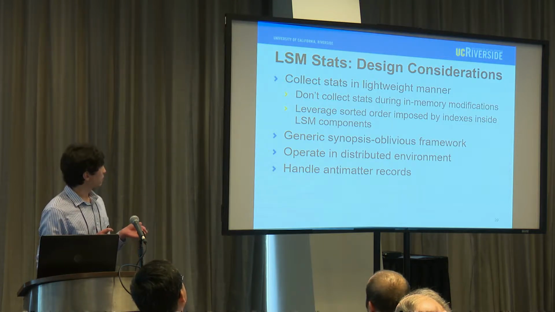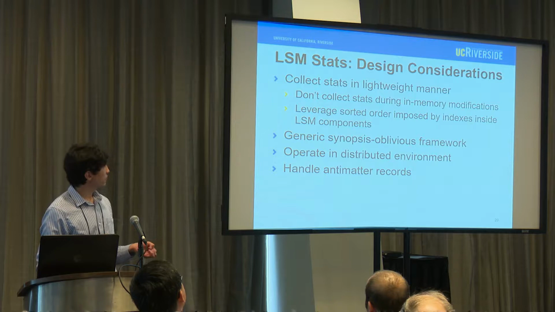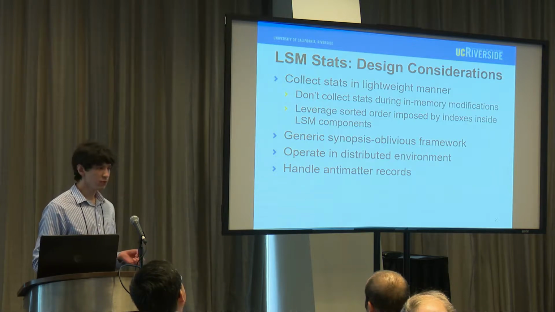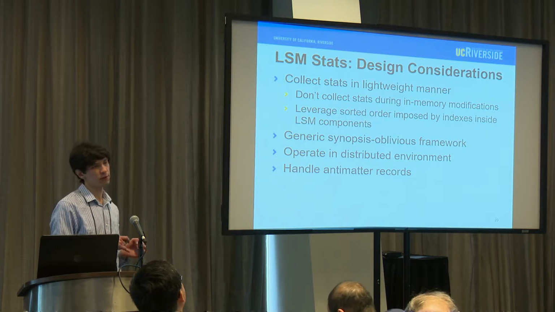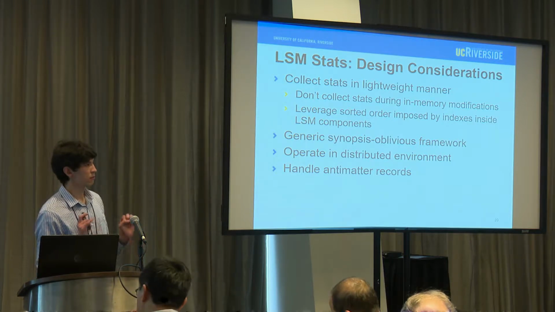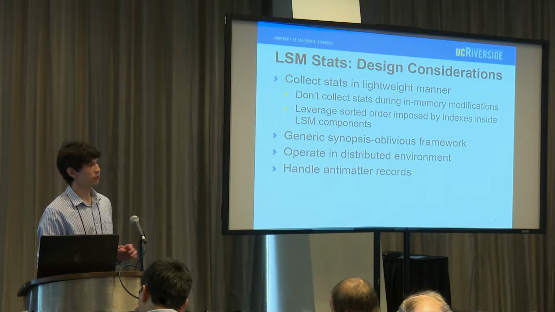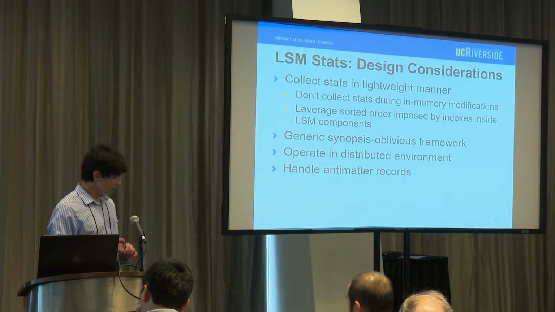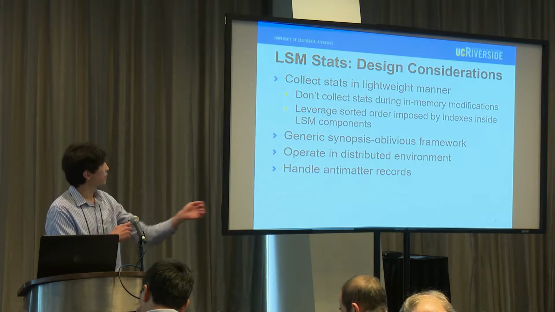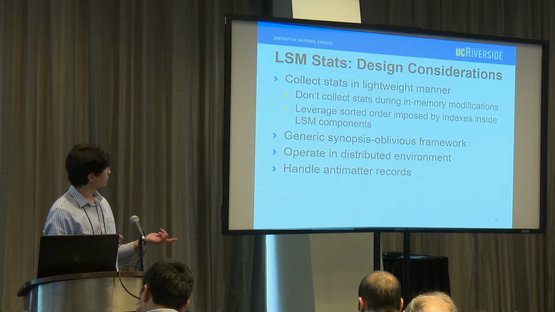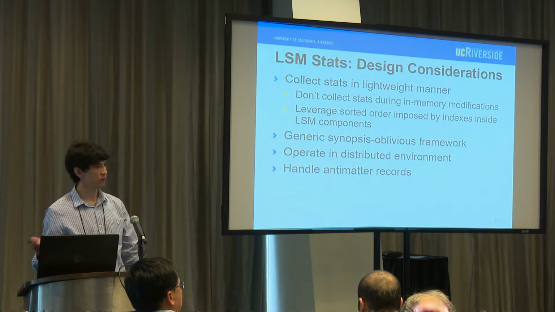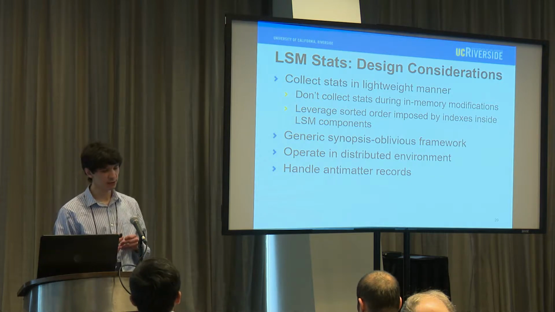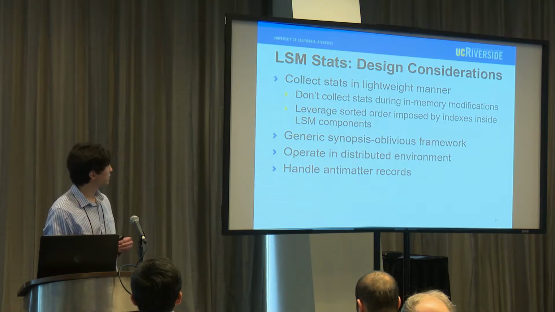And how we're going to do that is, first, we're not going to do any statistics collection on the in-memory modifications because it's a critical insert path, so we don't want to mess with that. And also the size of those in-memory components is pretty small compared to the overall data set size. So we're going to lose on accuracy, but we can tolerate that.